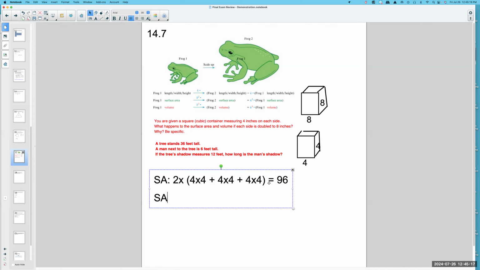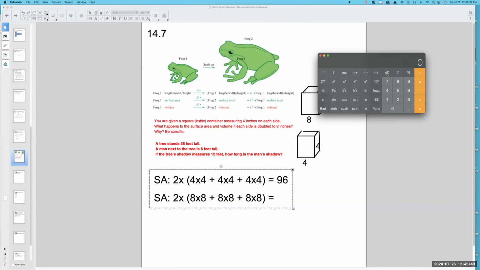Okay. Now I'm going to come in here and use 8s instead of 4s. So I doubled all of my 4s to 8s, right? So now I have 8 times 8, 64, plus another 64, plus another 64 is 192.